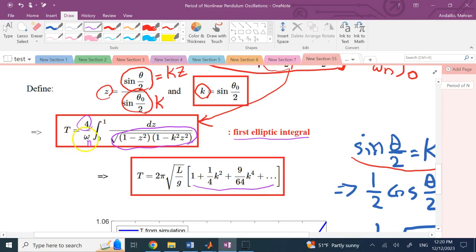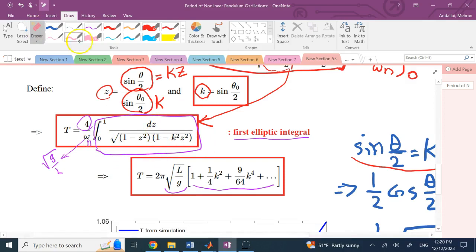Now remember, what was your omega n? Omega n is the square root of g over L. So when you bring it to the numerator, it's going to be L over g. And by the way, that whole integral is not really that series at the bottom.